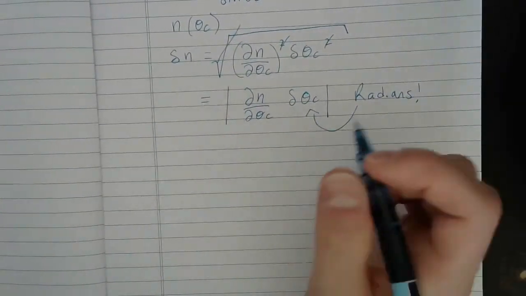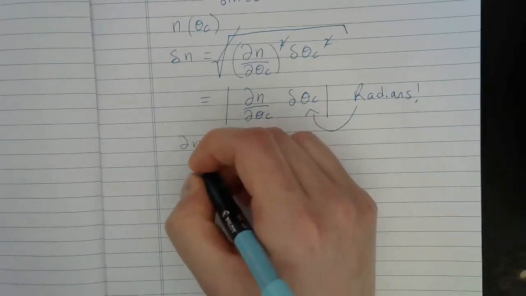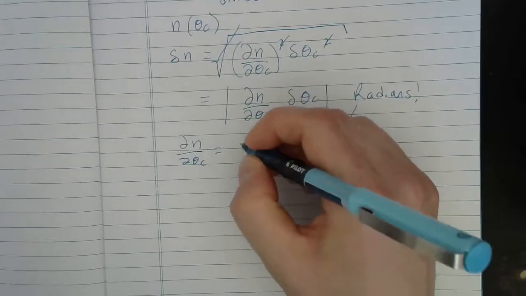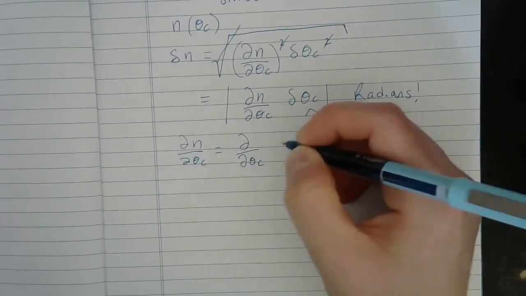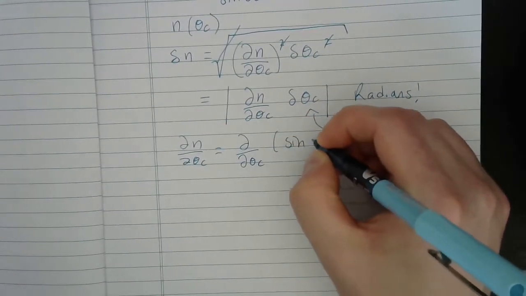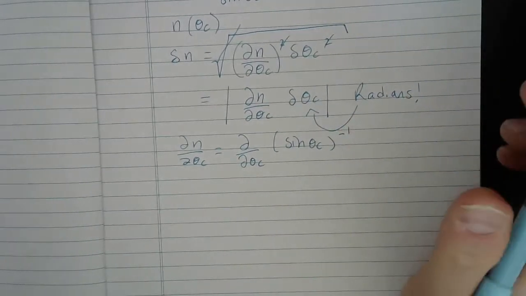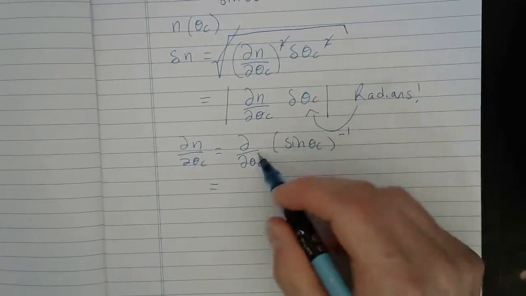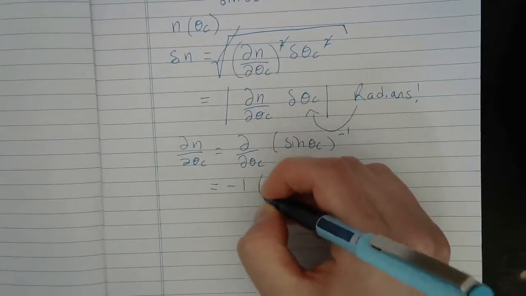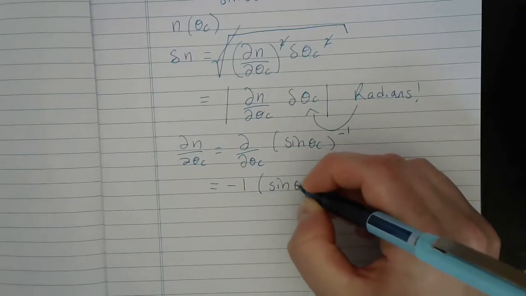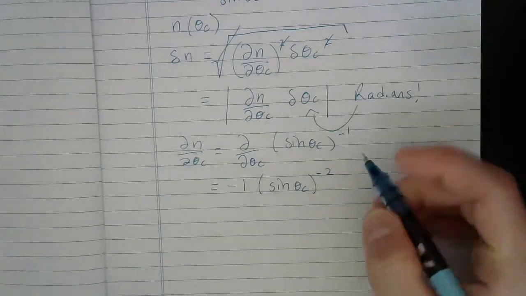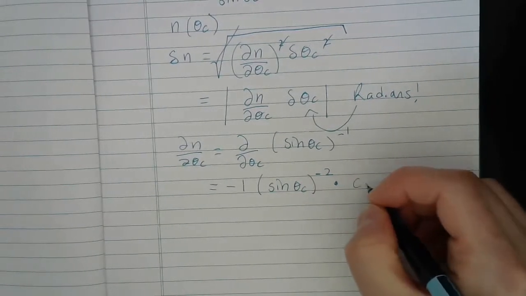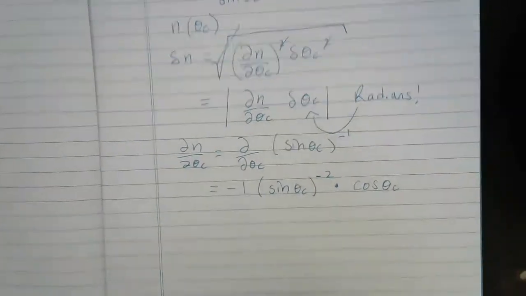So to take this partial derivative, we can use the same method as before. So I'm going to write d by d theta c of sine theta c to the power of -1 and apply the chain rule. So we have the derivative of the outer function, so we have -1, inner function stays the same, to the power of -2, and then we times it by the derivative of the inner function, which is just cos of theta c.